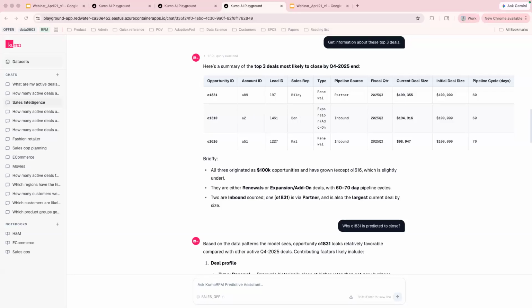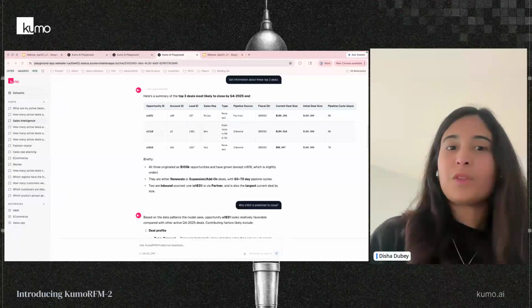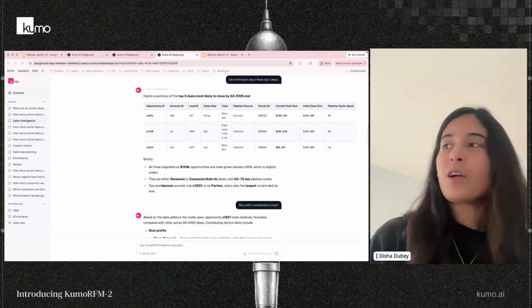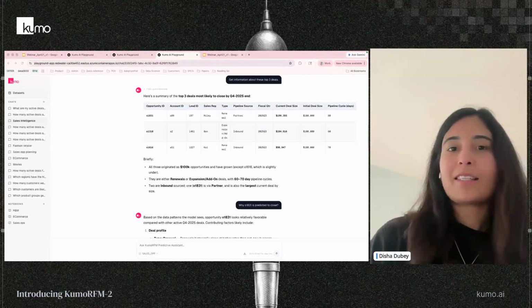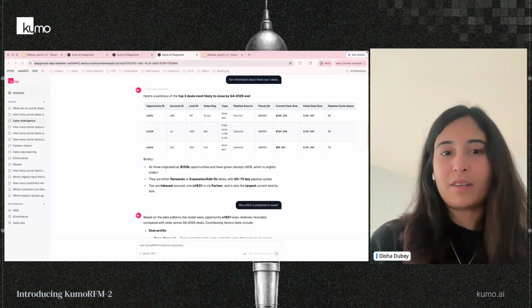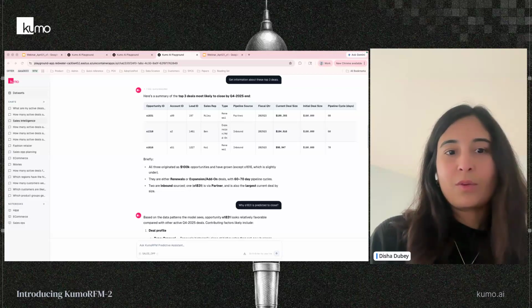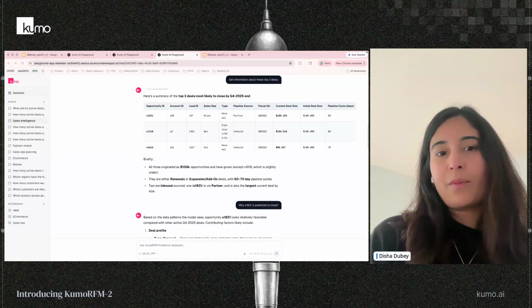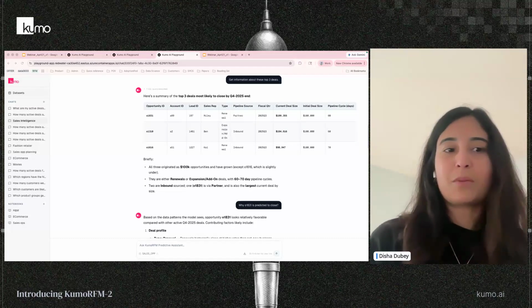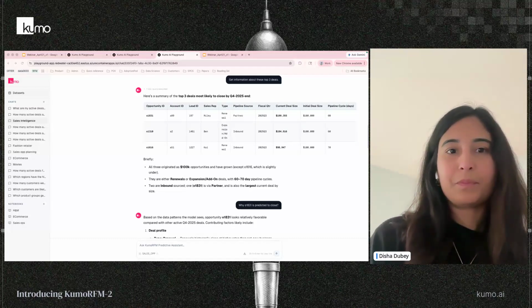So this gives me visibility around not just the likelihood of conversion for my pipeline, but also the next level, which is being able to forecast the dollars for this quarter correctly. This is how I'm moving from just the pipeline size to actual revenue expectation setting for my team.